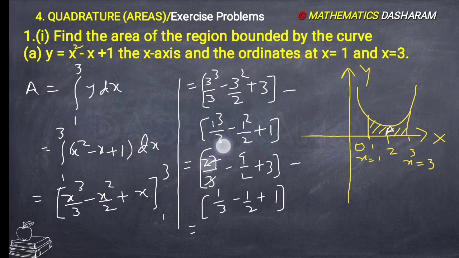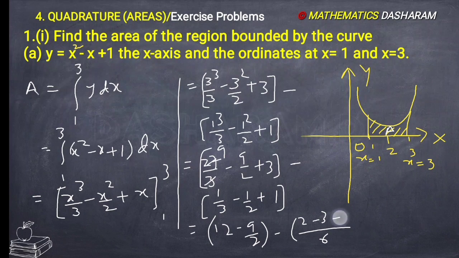So here 3 ones are 3, 9s are 27, so 9 minus 9 by 2 plus 3, how much? It is 12. 12 minus 9 by 2, minus, here check the LCM, 3 comma 2 LCM 6. So 2 minus 3 plus 6.